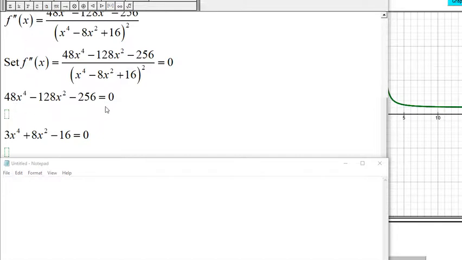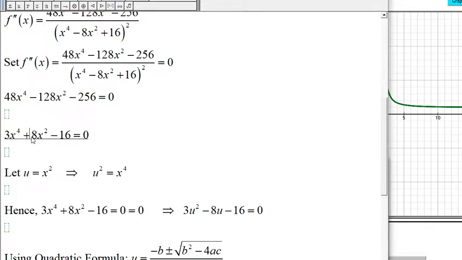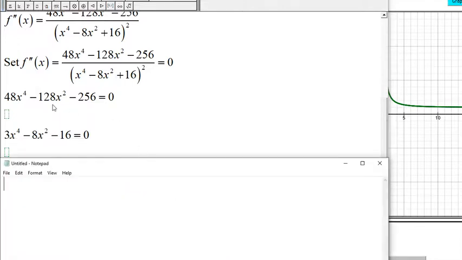And now let's divide everything by 16. 48 divided by 16 is 3. 128 divided by 16 is 8. And then 256 divided by 16 is 16. So this is what we have.